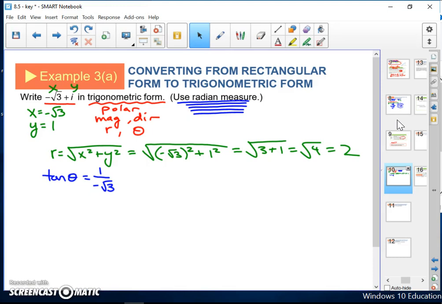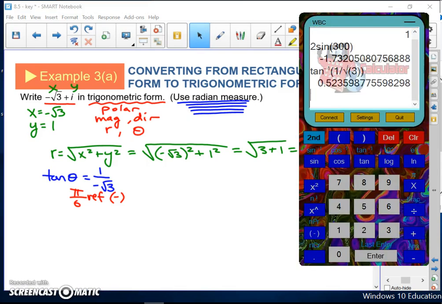Pi over 6. Okay? That is a pi over 6 reference where tangent is negative. I wonder, what is pi over 6? 0.523. So that 0.523 number is pi over 6. That's what we got.